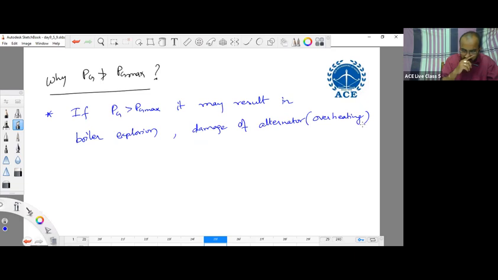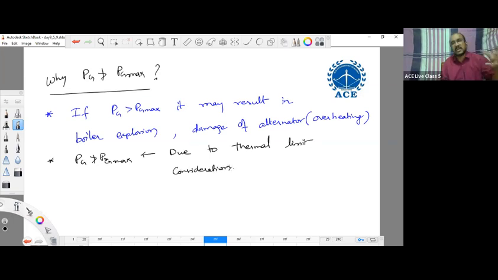So what is the constraint? Pg should not be greater than Pg max due to thermal limit consideration. The thermal limit is imposing this value. That is about the maximum value.